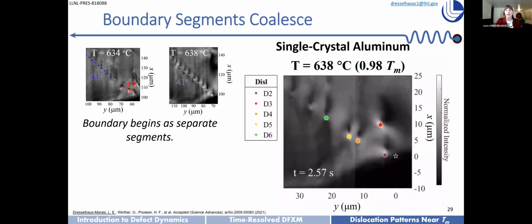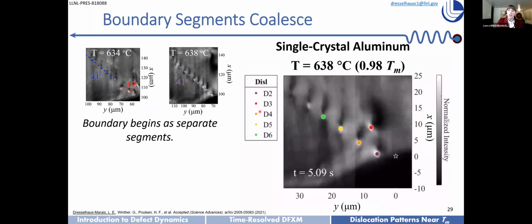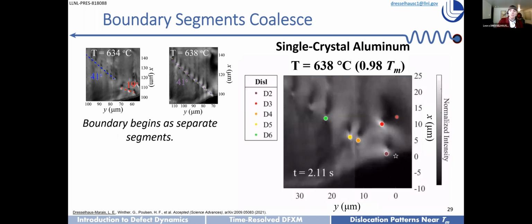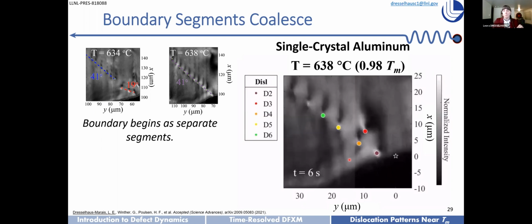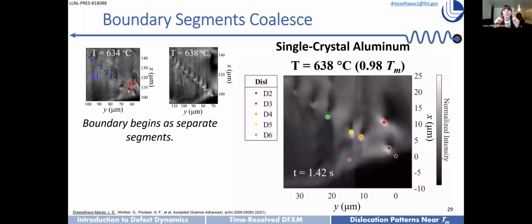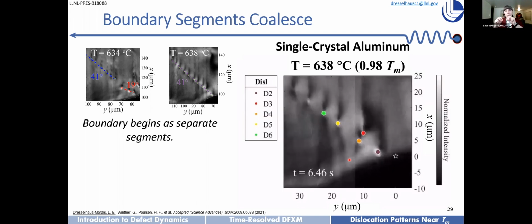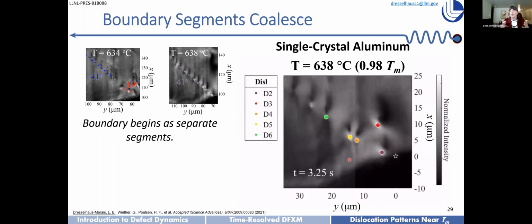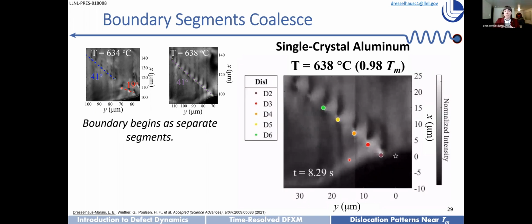This occurs as a nearby lone dislocation glides towards the lower segment of the boundary and ultimately inserts itself into the lower segment. This then causes all of the dislocations in the lower, less stabilized boundary to move around and rearrange until they ultimately get sucked up into the upper, more stably oriented boundary, giving us the coalescence that we see.